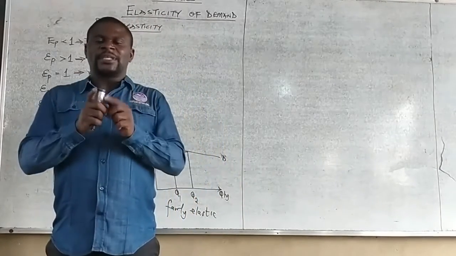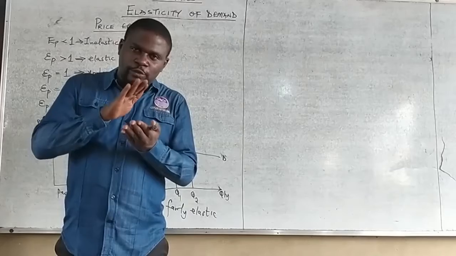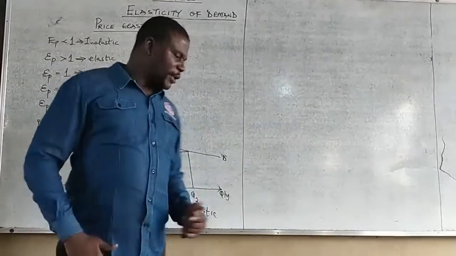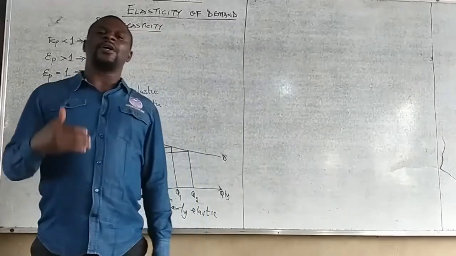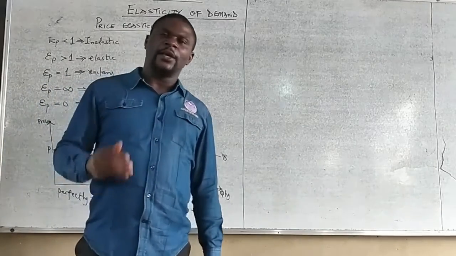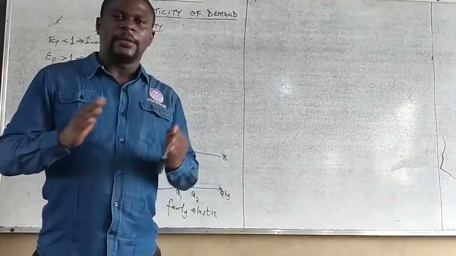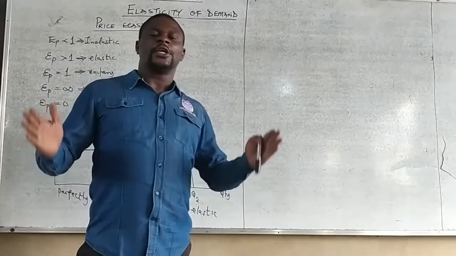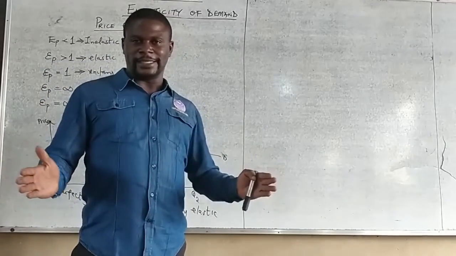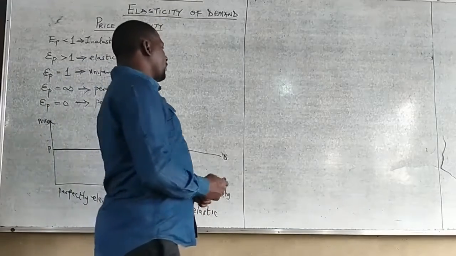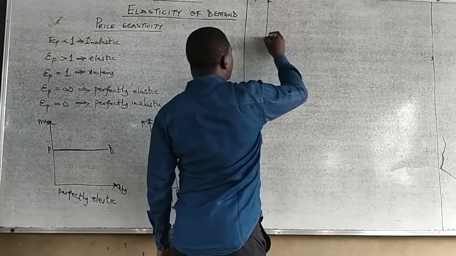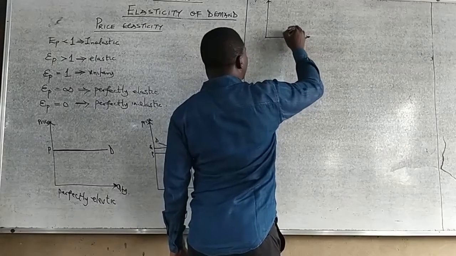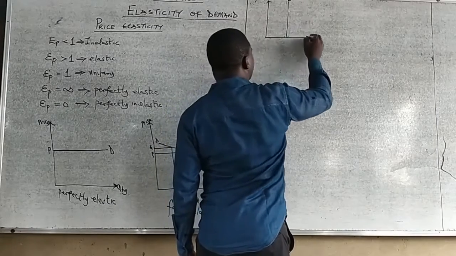So any product where you increase the price a little and plenty of people will not buy it is what we call a fairly elastic product. So the demand for a product is said to be fairly elastic when a little change in price brings about wide change in quantity demanded. Okay, and of course this is the curve. Now the next one you have is something like this. Where is your demand?